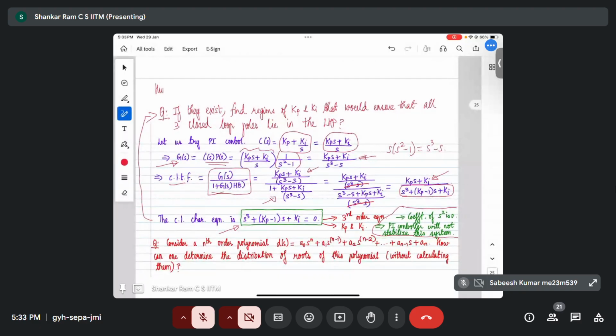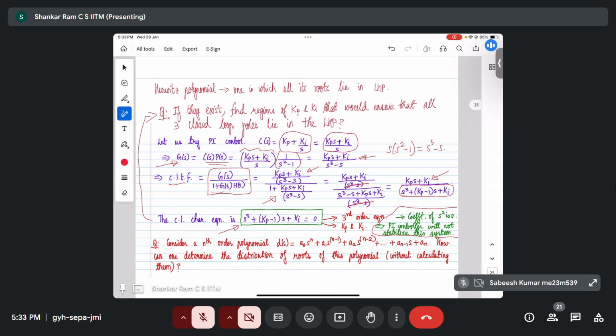So a polynomial is said to be Hurwitz if all its roots have negative real parts or lie in the left of the complex plane.